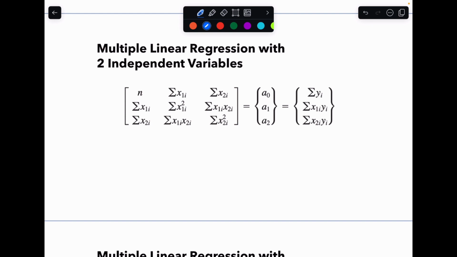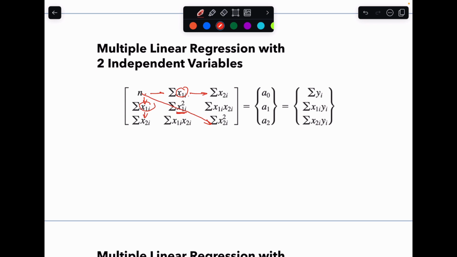As you can see here, we just repeat. If you take a look at the pattern, if this is x sub i, this is x sub i as well. And if the third column is x sub 2i, the third row is x sub 2i as well. Whenever we get the diagonal term, that is actually the product. This one is x sub 1i times x sub 1i, so we have x sub 1i squared.